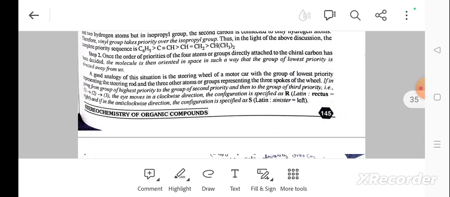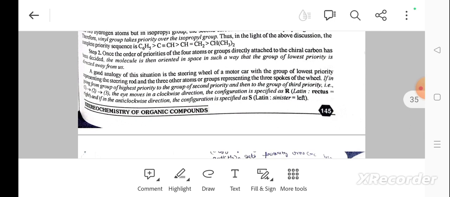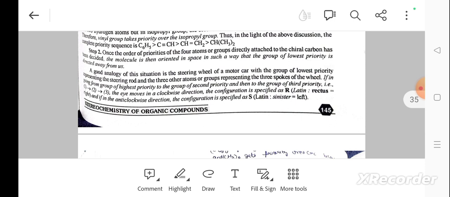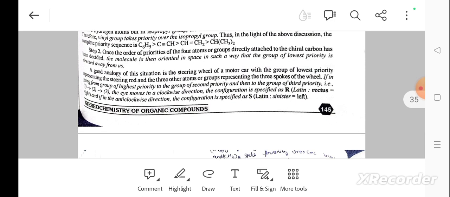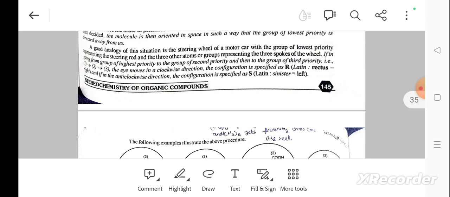Step 2. Once the order of priority of the four atoms or groups directly attached to the chiral carbon has been decided, the molecule is then oriented in space in such a way that the group of the lowest priority is directed away from us. A good analogy is the steering wheel of a motor car, where the group of the lowest priority represents the steering rod, and the three other atoms or groups represent the three spokes of the wheel.